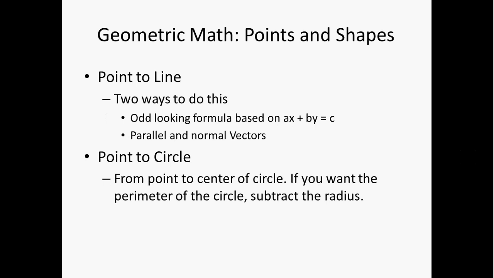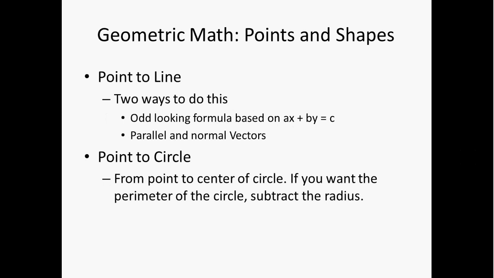That's based on the standard form of a line. And then there is the way that I was taught in calculus, which involves parallel and normal vectors. I've implemented both of these and they are comparable. So if you don't feel like doing vectors, just go to Wikipedia. The equation's there and they explain how to do it. It's pretty straightforward.